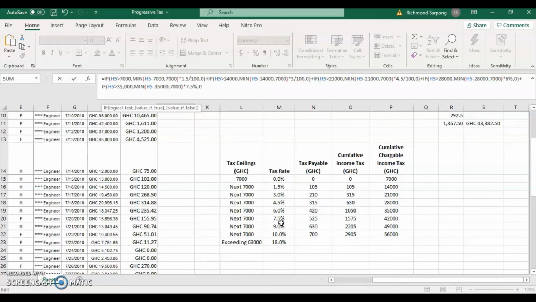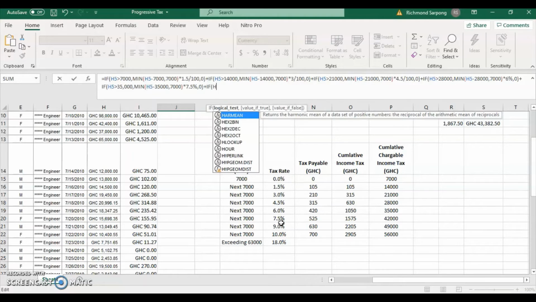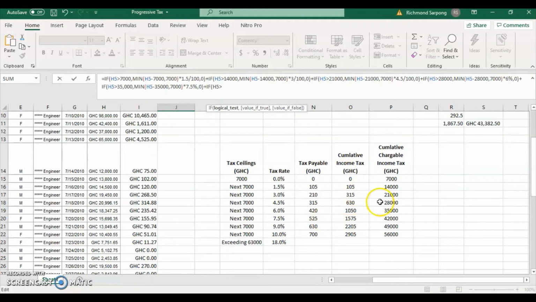Else, so I'll do the IF again, H5 is greater than 42,000.